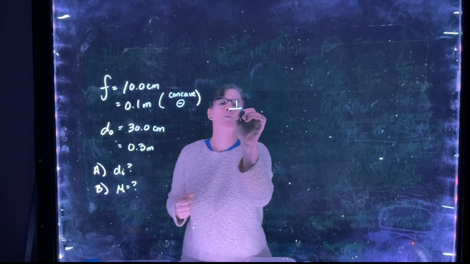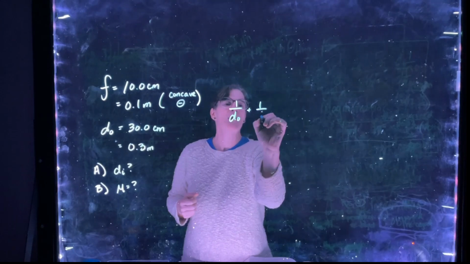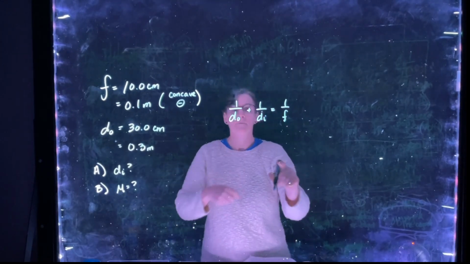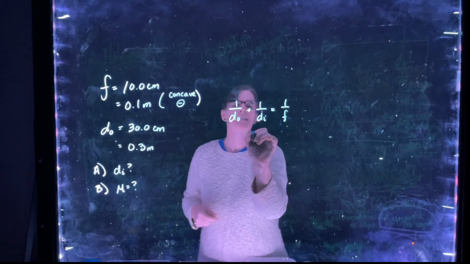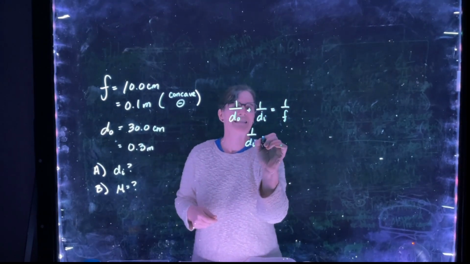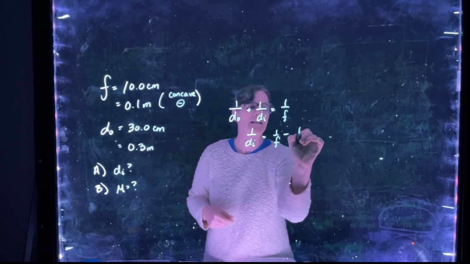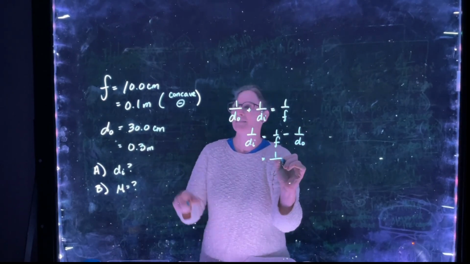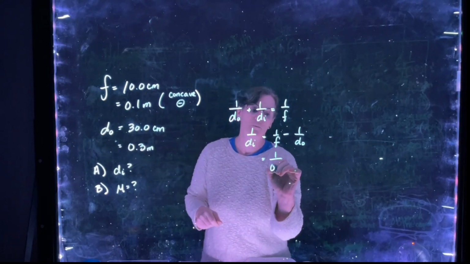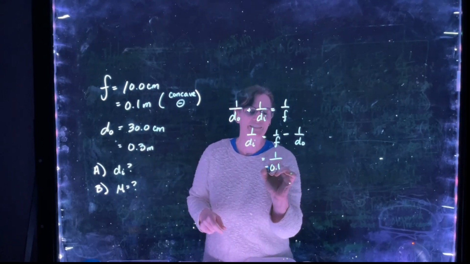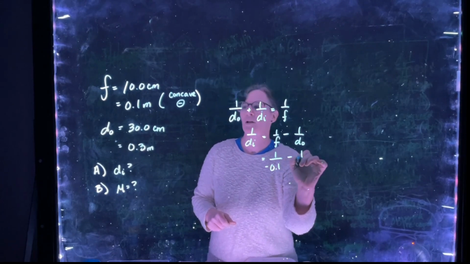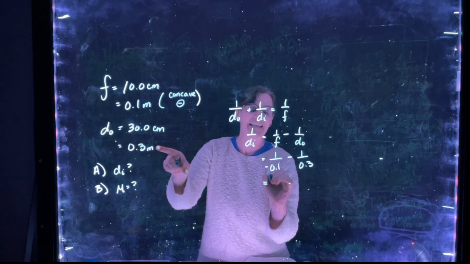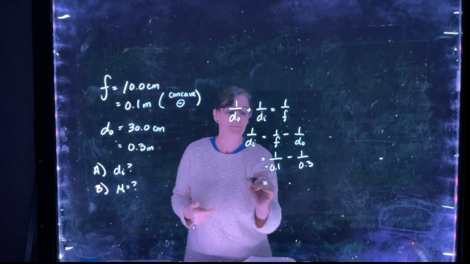We have 1 over the object distance plus 1 over the image distance, remember, is 1 over the focal length. So I'm going to solve for the image distance. I have 1 over the image distance is equal to 1 over the focal length minus 1 over the object distance. Our focal length is negative 0.1 meters, minus 1 over our object distance of 0.3, and this gives us an image distance.